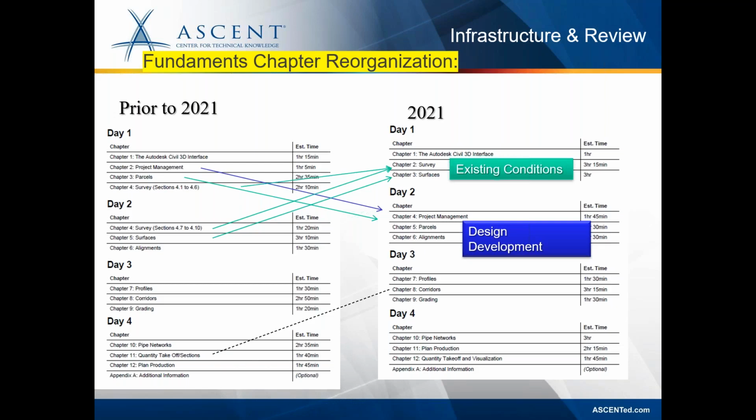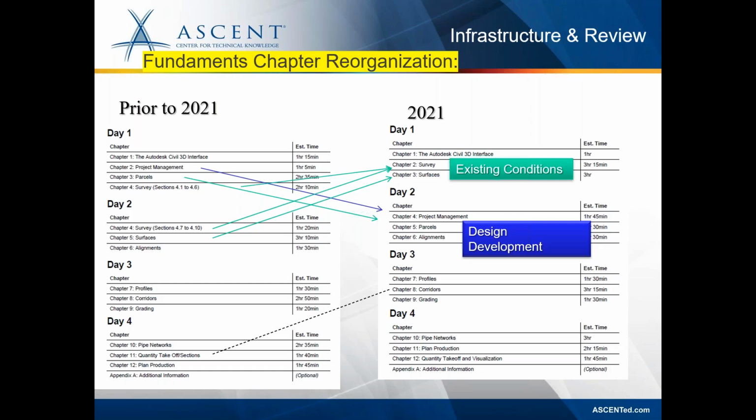One thing I did do is, prior to 2021, the corridors was actually broken up between chapter 8 and chapter 11, whereas chapter 11 contained sections and material takeoff of the corridors. I always felt uncomfortable with that, so I'm moving it all together.